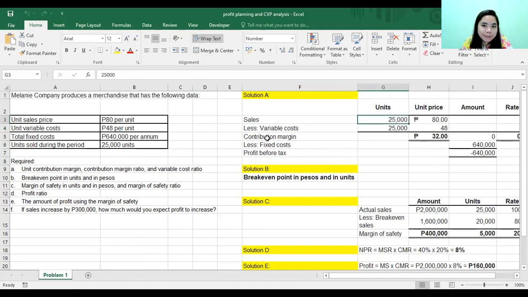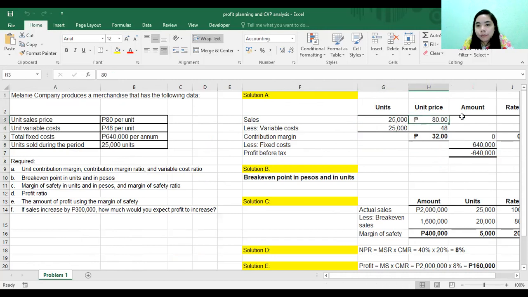So, that's the plot. For the sales, it says there that they have sold 25,000 units for the period. So you have here sales of 25,000 units. And of course, variable cost, you also incur cost for these 25,000 units, so it's still the same. Now, this is constant.